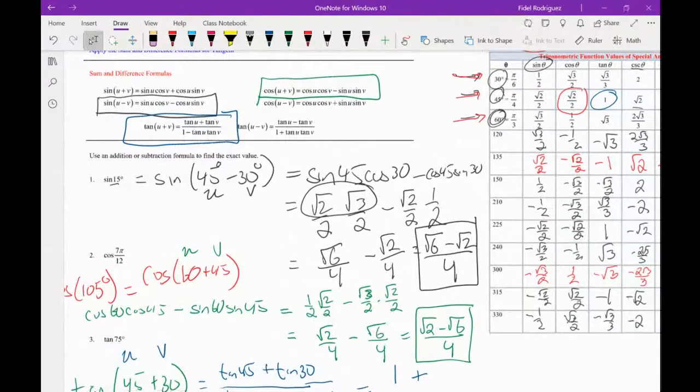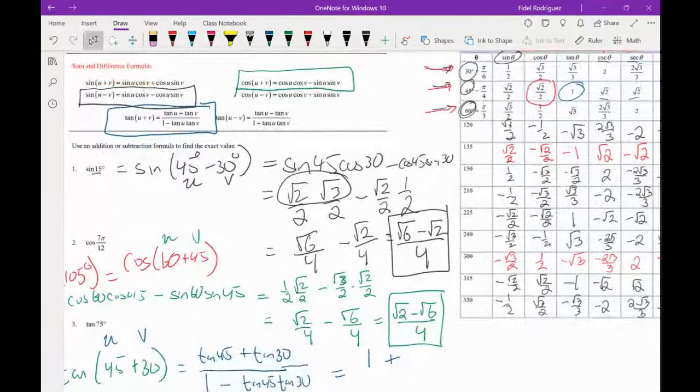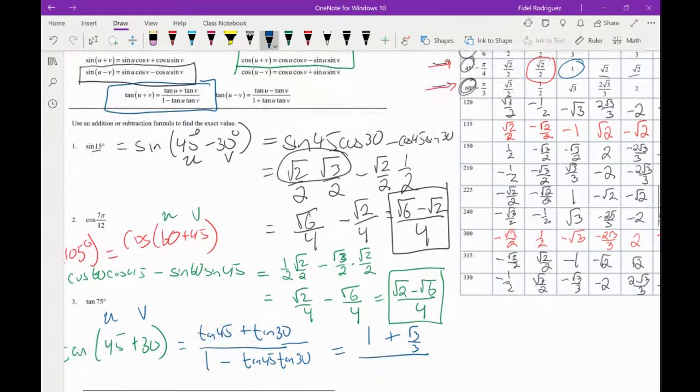Tangent of 30 is square root of 3 over 3. Okay. All over 1 minus tangent of 45, which we said was 1, times the tangent of 30, which is the square root of 3 over 3.